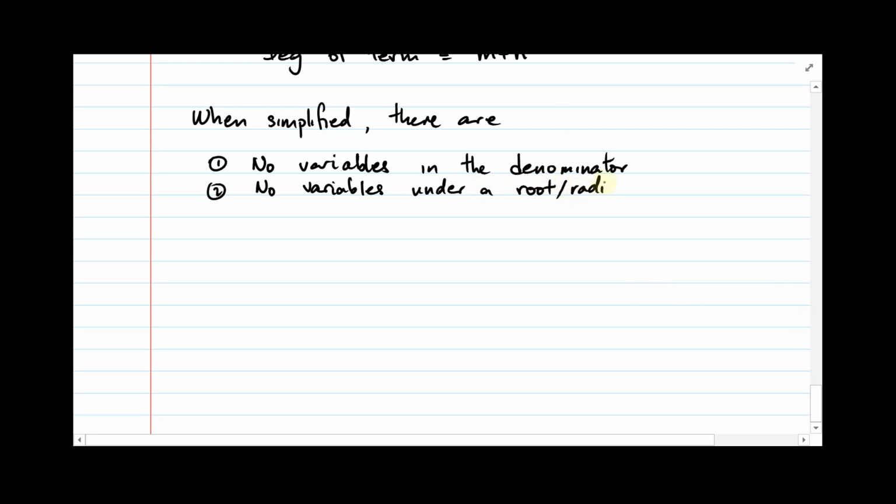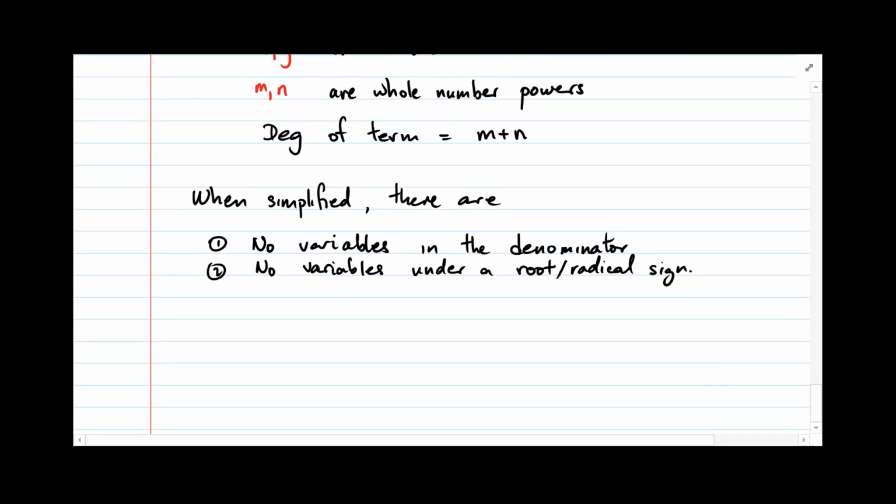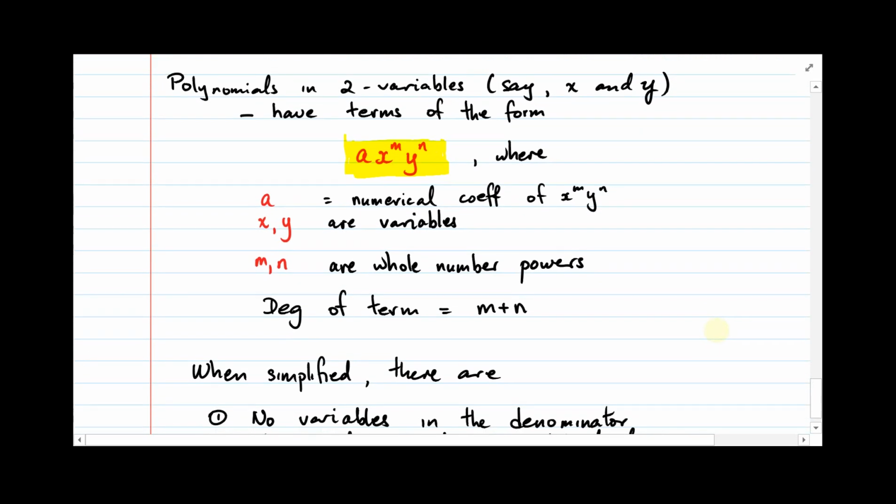Remember, radicals is the more general name rather than just saying square root. Now, because there are two variables, we have to be a little bit more careful, particularly when arranging. But let's start off with just a few examples and look at these polynomials in two variables.